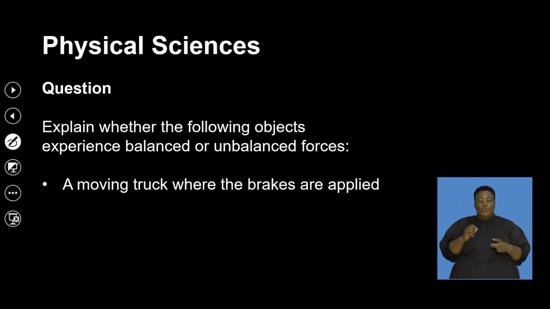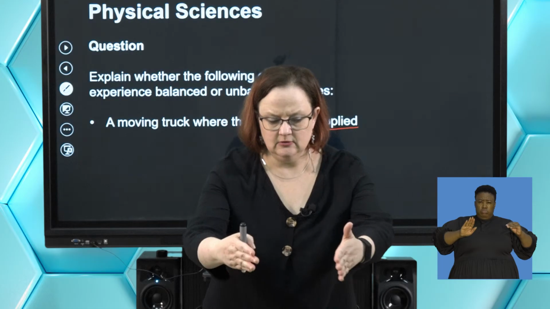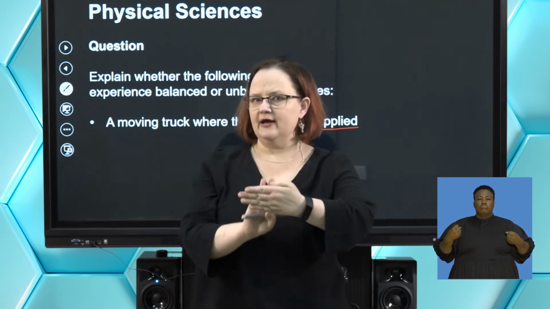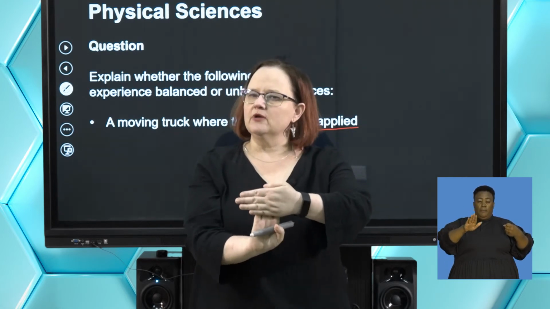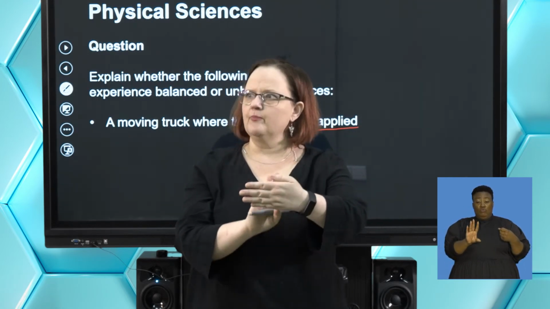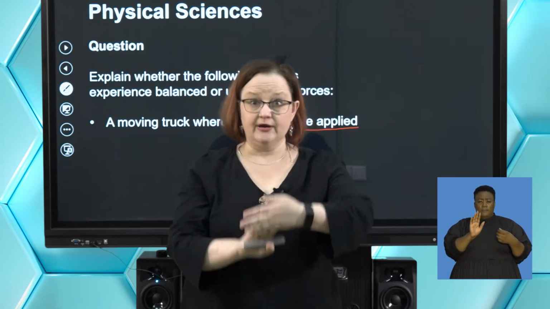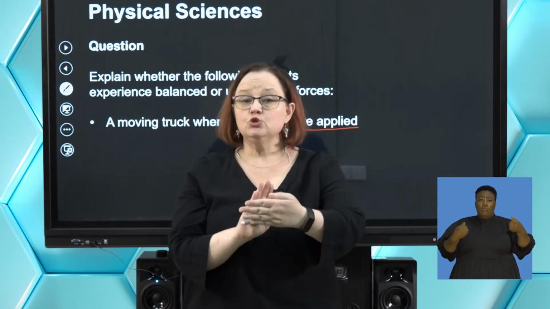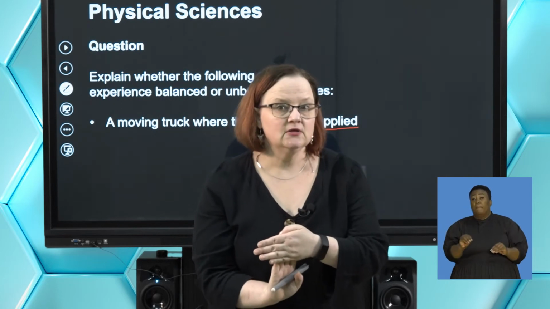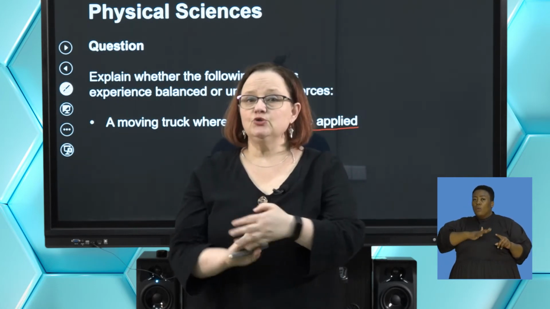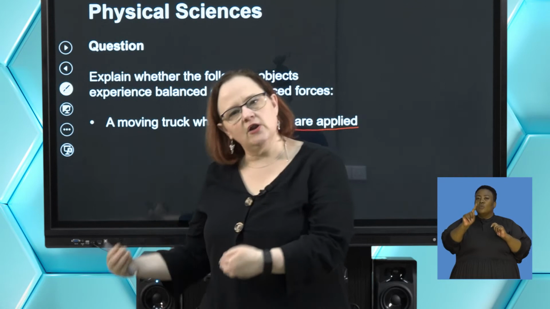Next one. A moving truck where the brakes are applied. So it's moving, and now we're applying the brakes. Do you understand what it means when we apply the brakes? The point of applying brakes on a truck or a car is to stop it. So in other words, we're wanting to change the velocity.